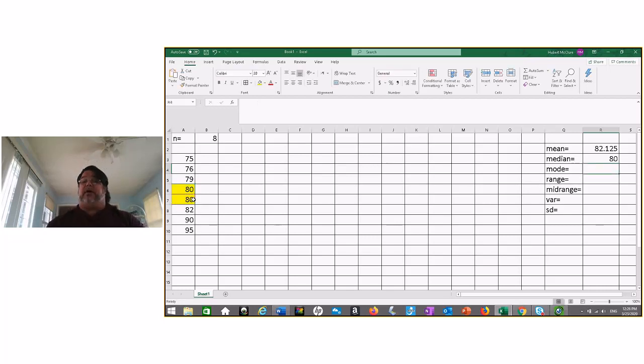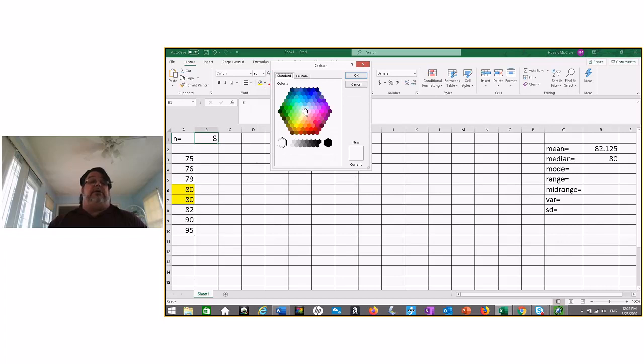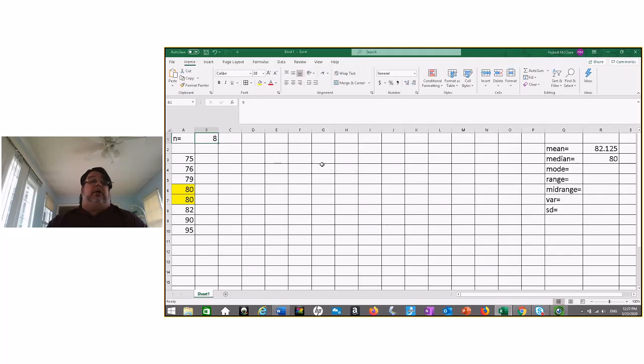And that's how you find the median with 8. And I'm going to highlight that 8 red. I usually don't highlight in red. In fact, I'll go down here and I'll find a better red. There's a better red right there. Okay. And the reason I'm highlighting that is because when n is an even number, you have to average the two middle numbers.